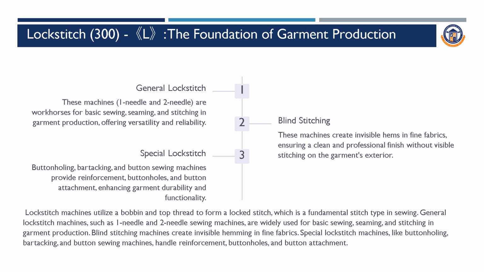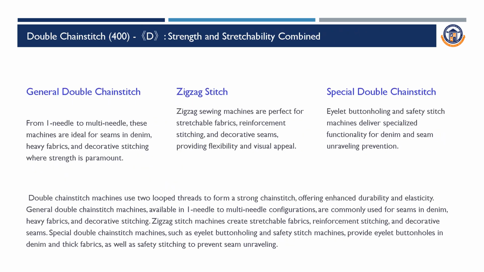Blind stitching machines create invisible hemming in fine fabrics. Special lock stitch machines like buttonholing, bar tacking and button sewing machines handle reinforcement, buttonholes and button attachments.